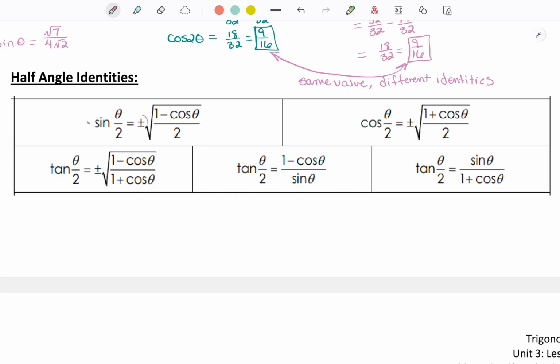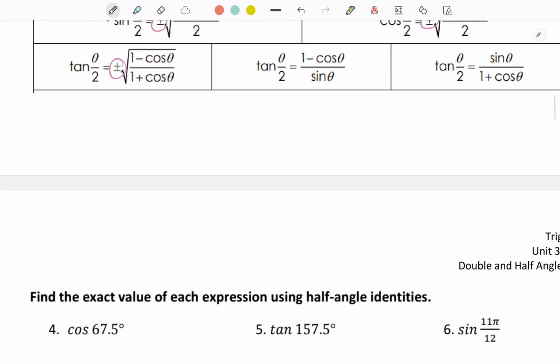Yes, I know you see those positive and negative, so pay attention to quadrant, and it'll tell you which one you need. And then, of course, tangent does have 3. Now, I will tell you, I usually look and see which one of these last two are possible, because sometimes it's just not that easy to get that square root in there and deal with. I don't want to deal with that unless I have to.